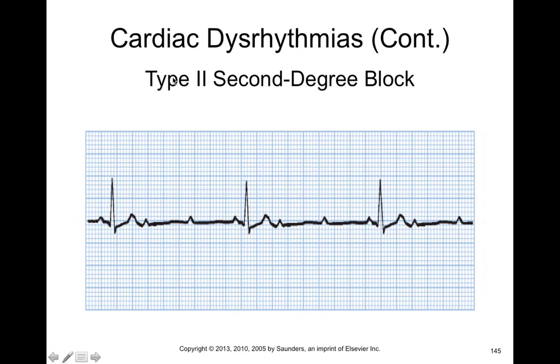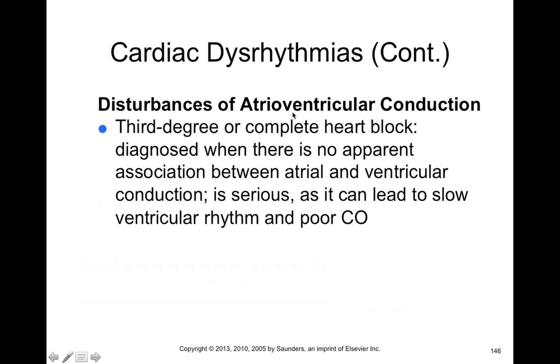Now that's different from a type 2 second degree block, because what we see here is P, QRS, T. Then we have a P wave, non-conducted, P wave, non-conducted, and then P, QRS, T. So because there are multiple non-conducted P waves, this is considered a type 2 second degree block. And this is more severe because type 2 second degree blocks, at least in terms of the epidemiology, are more likely to progress into a complete block, which is a type 3 block.